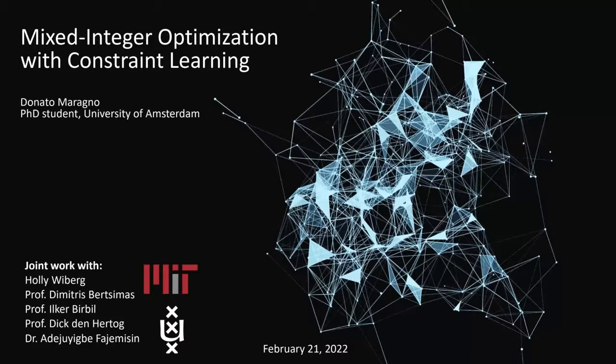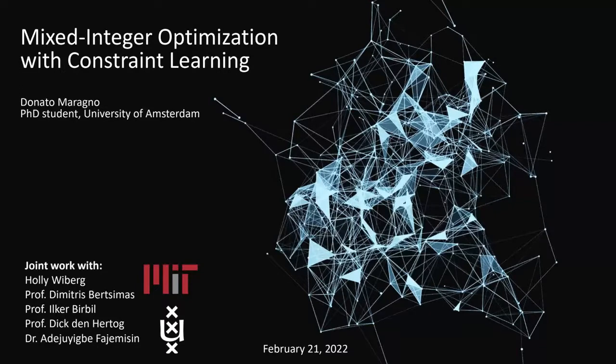Our next speaker is Donato Maragno, a PhD student from the University of Amsterdam in the Netherlands, and he's going to talk to us about mixed integer optimization with constraint learning. All yours, Donato. Thank you, Christina, for introducing me. Do you hear me well?